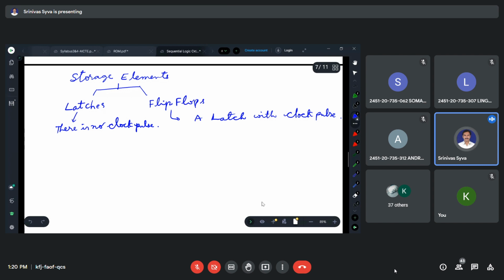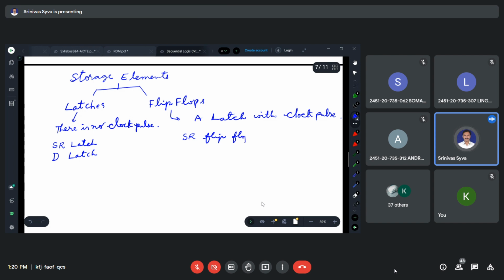We have different types of latches and flip-flops: SR latch, D latch, D flip-flop or D latch, and also SR flip-flop.